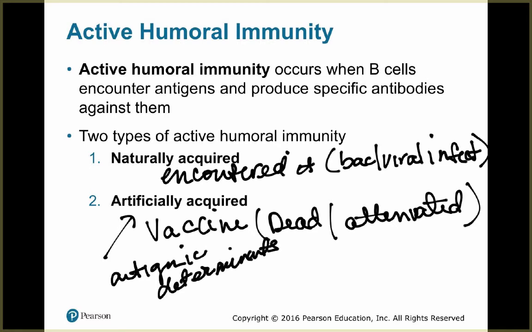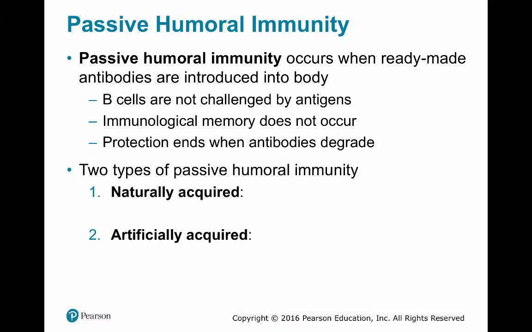That are immunogenic and reactive. And so this part spares us from the primary response. So that's naturally acquired immunity and artificial acquired immunity.